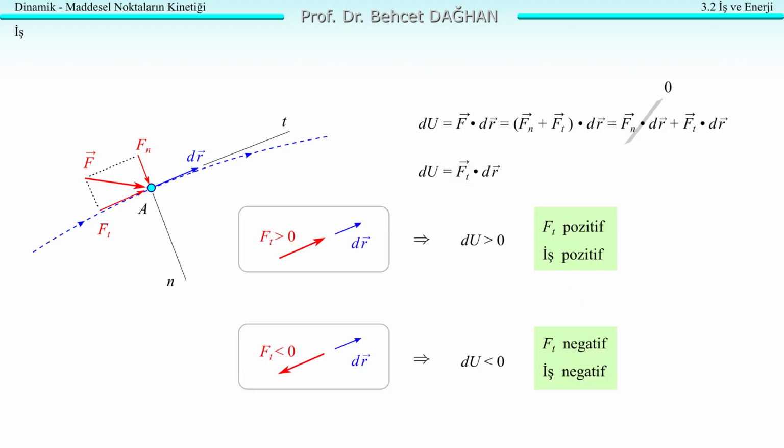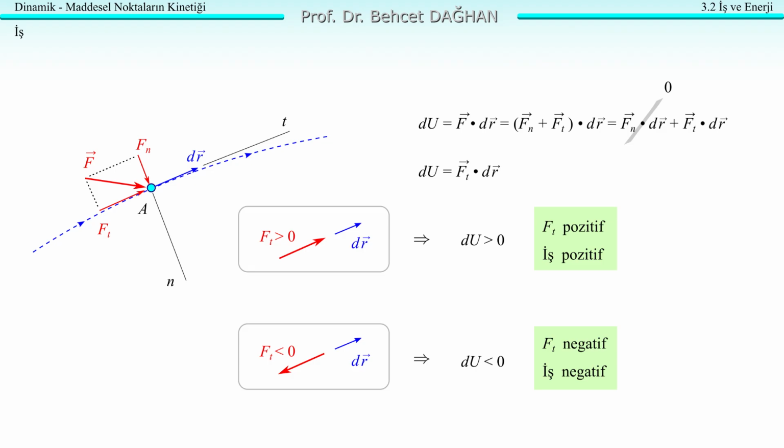We decide by looking at whether Ft is positive or negative. What does it mean for Ft to be positive? It means it is in the same direction as the displacement. If two vectors are in the same direction, the angle between them is 0. Therefore, cosine 0 is equal to 1. Therefore, their dot product is positive.